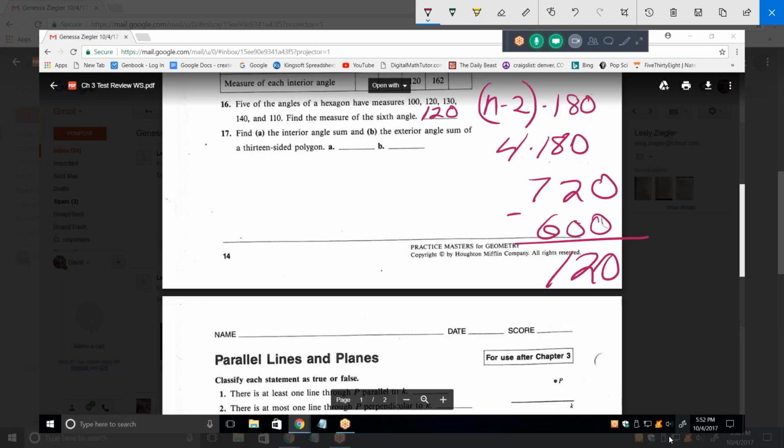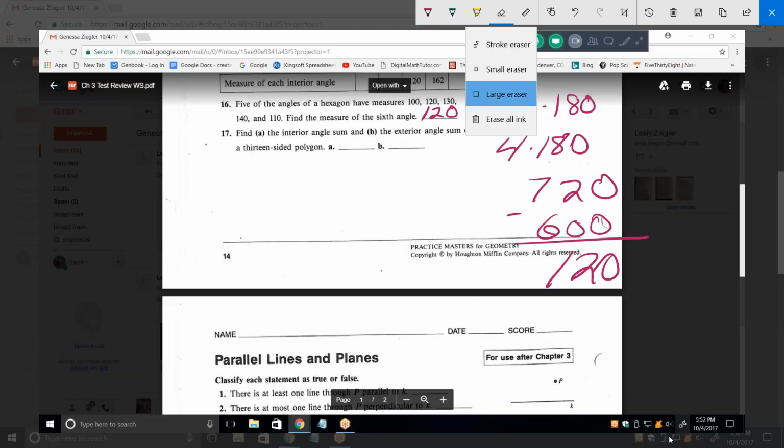What's 17A? What are we plugging it into? 13.